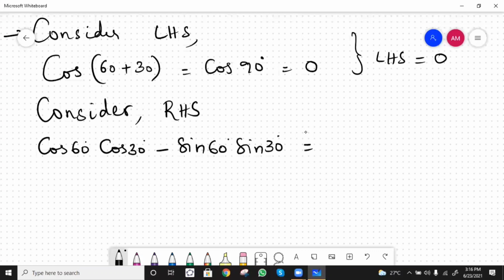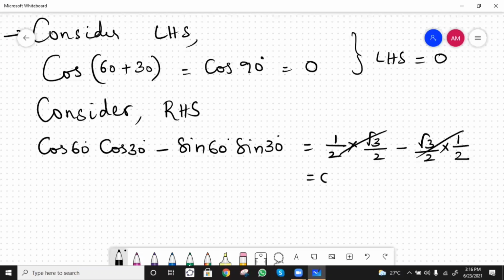What is cos 60? 1 by 2. What is cos 30? Root 3 by 2. What is sin 60? Root 3 by 2. What is sin 30? 1 by 2. Whether these values are equal or not? Equal, ma'am.